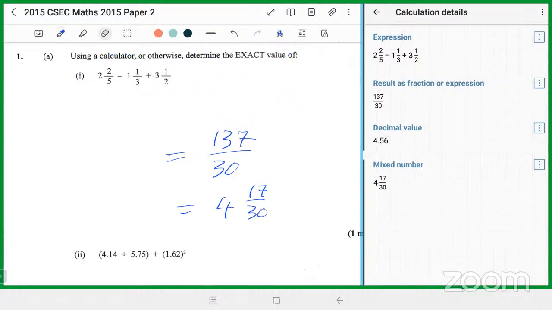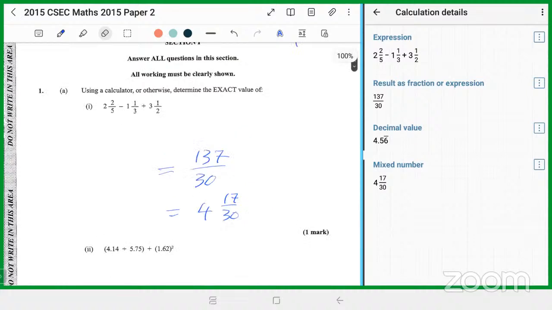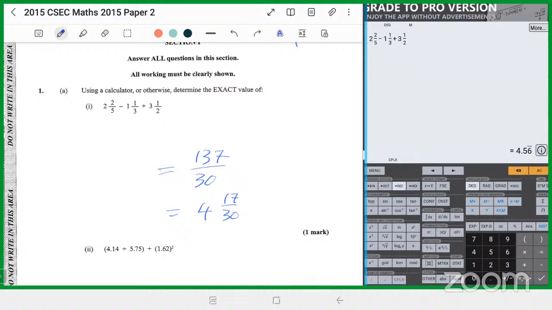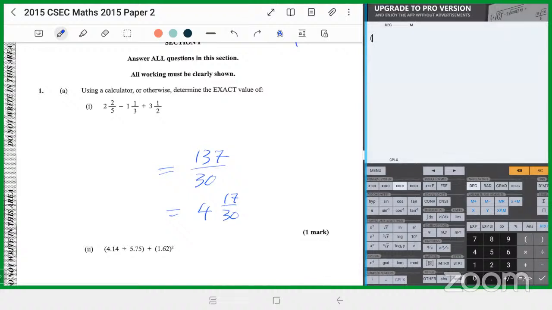Next one is to calculate this. Same thing, put it in the calculator. Let's clear the calculator. There's a bracket, 4.14 divided by 5.75, close bracket, plus 1.62, and we're squaring that.